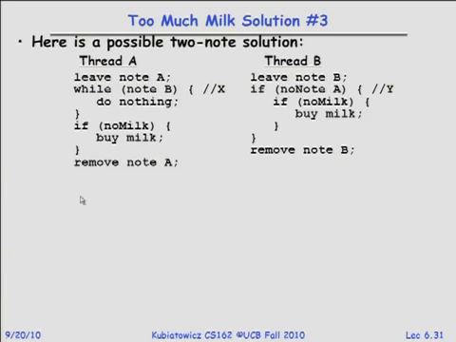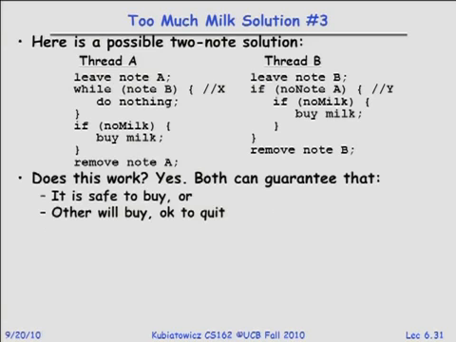Over here, we leave our note, and we can basically say, well, if we've gotten as far as leaving a note, then we know for a fact that either A is stalling in a loop or it hasn't gotten in here yet, so we can safely go through and buy milk, and by the time then we can remove the note, and A will check the condition, which may get updated by the time it looks at it, but we won't get any duplicate purchases going on. Okay? So both are basically guaranteeing, one, it's safe to buy, or other will buy and it's okay to quit. Those are kind of the two things we're looking for.